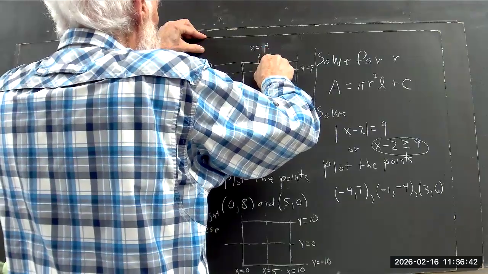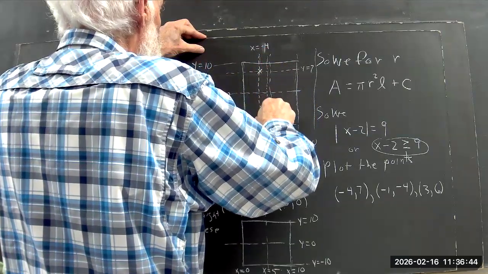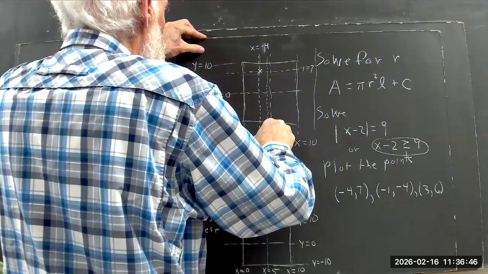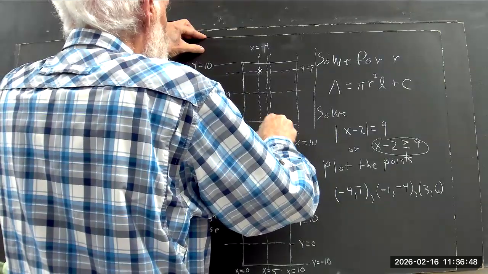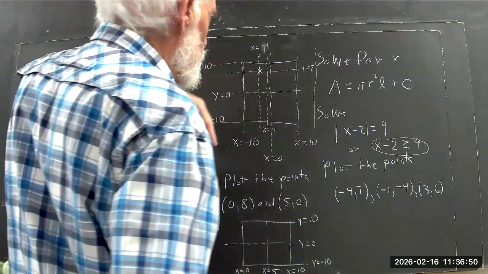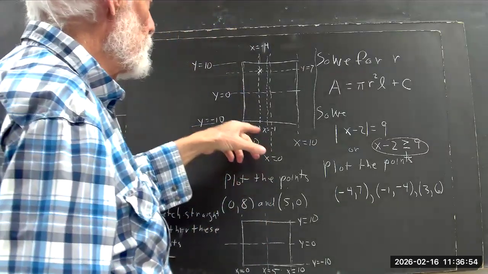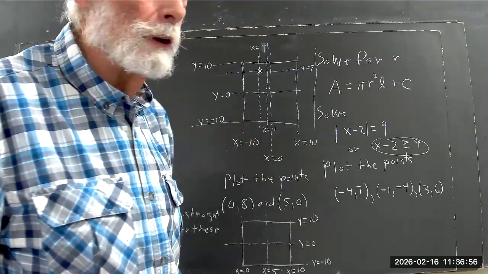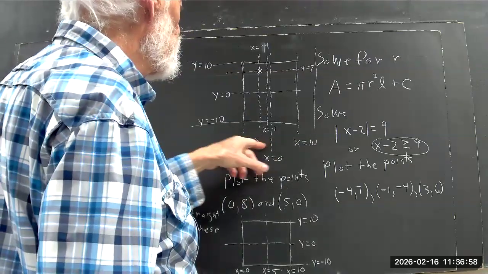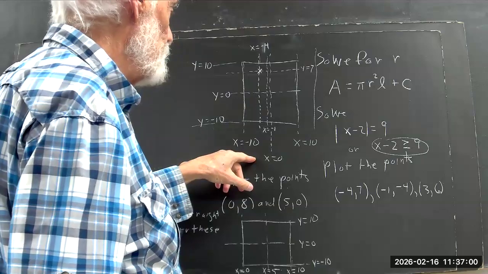So I'm going to draw x equals -1, about here, a vertical line that's 4 times closer to x equals 0 than my x equals -4 line, 10 times closer to 0 than my x equals -10 line.